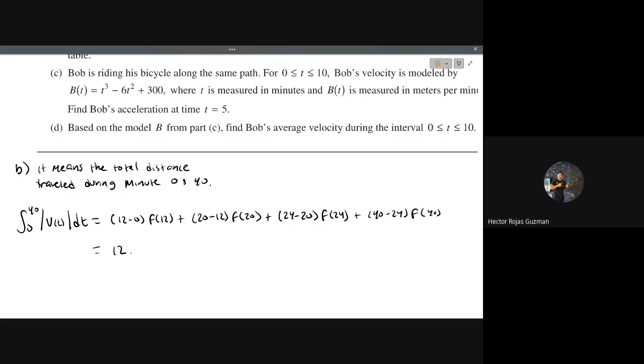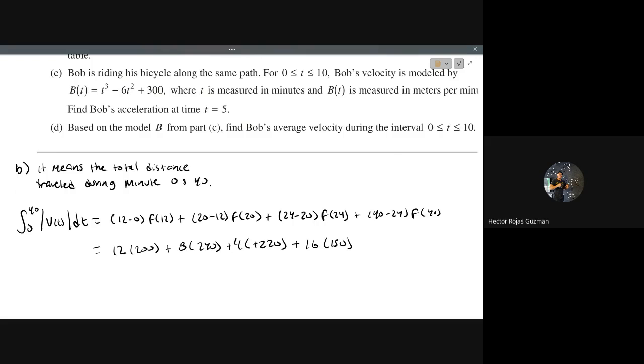So here we got 12 times 200 plus 8 times 240 plus 4 times negative 220. Good catch. Plus, what is it, 16 times 150. It is going to be the absolute value because we're not finding displacement. So traveling backwards, it counts as traveling forward.